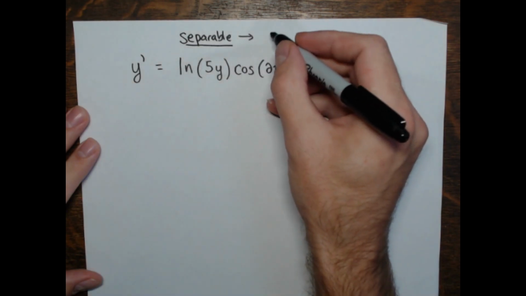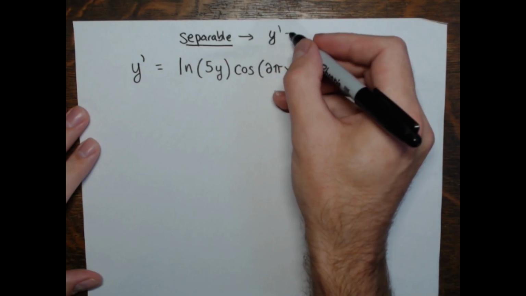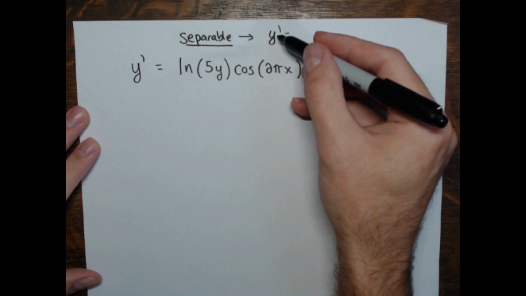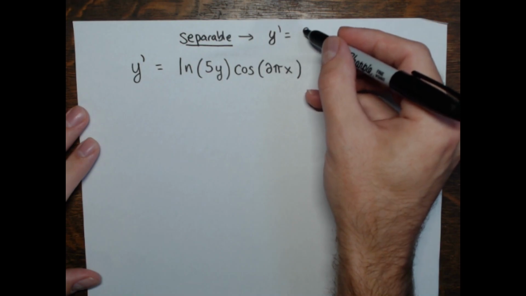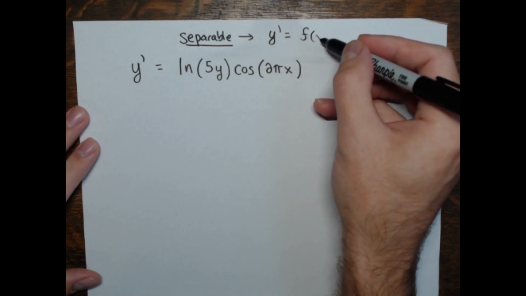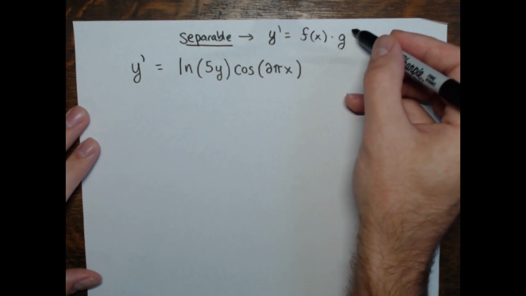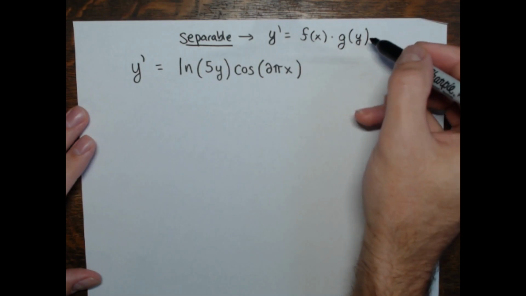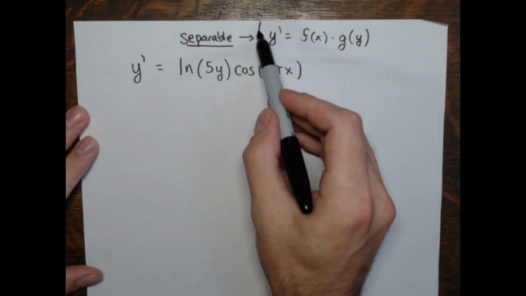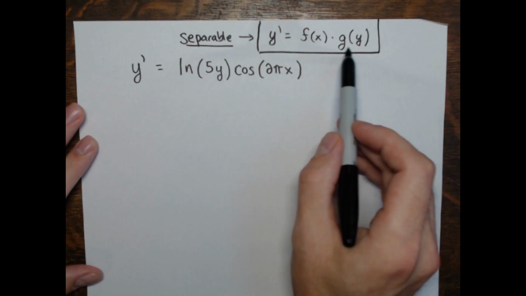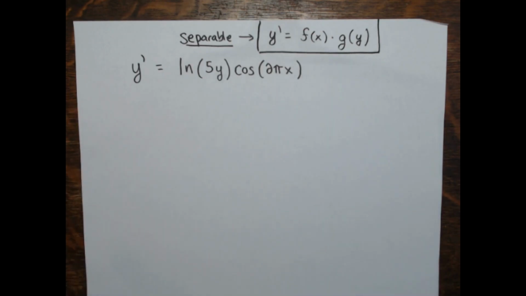Because it is of this form. You have y prime equals, and y is the dependent variable and x is the independent variable, is equal to some function of the independent variable multiplied by some function of the dependent variable. Okay, so any first order equation that can be expressed this way would be called separable.